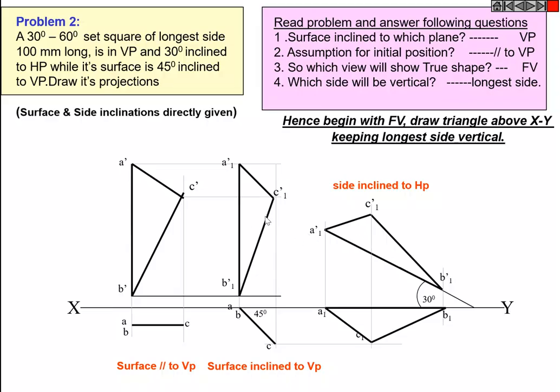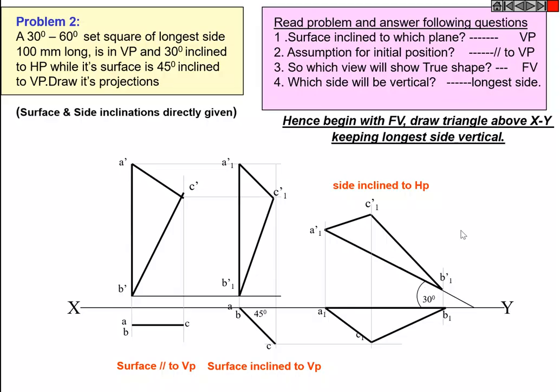Construct the second position of the 30 degree 60 degree set square. If you draw the vertical projection lines, you'll be able to get the top view. Connect A1 dash to where A comes, C1 dash to where C comes, and B1 dash to where B comes. The 30 degree inclination has to be maintained for A1 dash B1 dash.